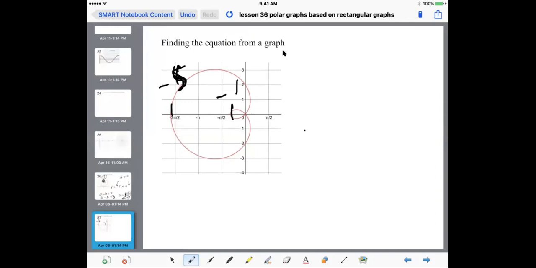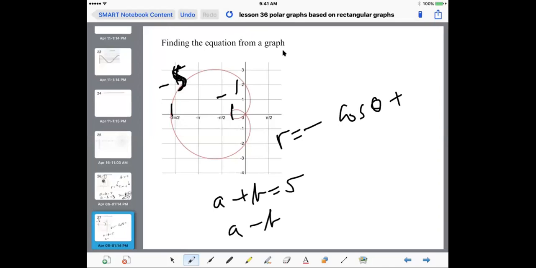Well, I do see that it's going to be negative cosine. And the question is, what's A and B? 2 is definitely involved because A plus B is kind of like the number 5 if you ignore the whole negative thing. And A minus B is kind of like 1. It's kind of how far away. We're taking sort of absolute value here.